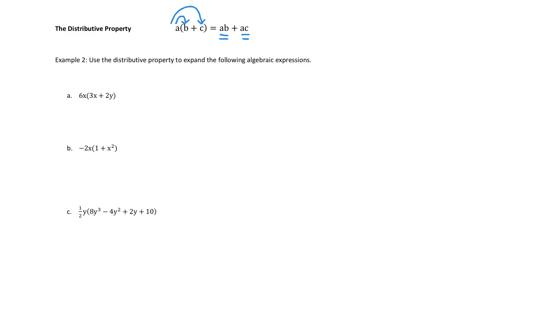Let's start with part A. Here we have 6x times 3x plus 2y. This property tells us that we can take 6x and first multiply it to the 3x, and then second multiply it to the 2y. I'll be careful in writing this out, but that's going to be 6x times, I'll use parentheses and say 3x, then plus, I get 6x again, and with parentheses I'll put 2y.